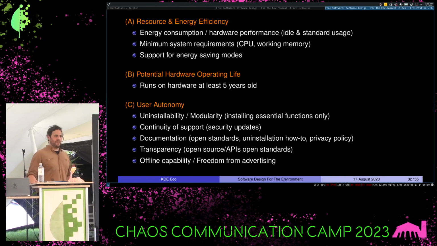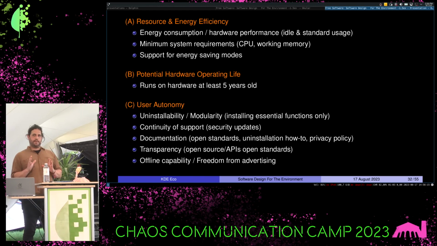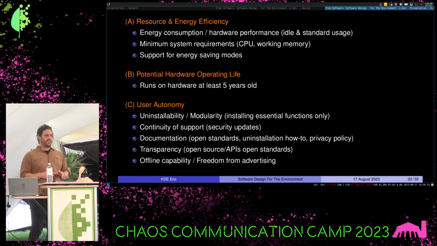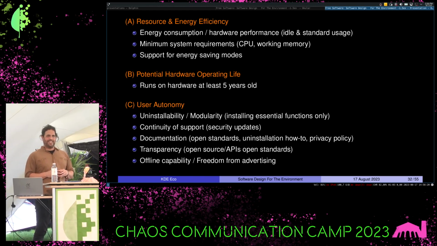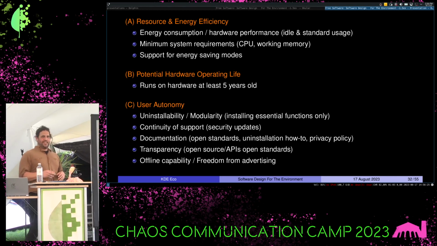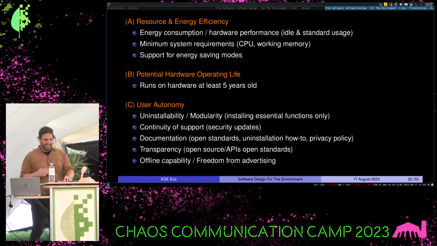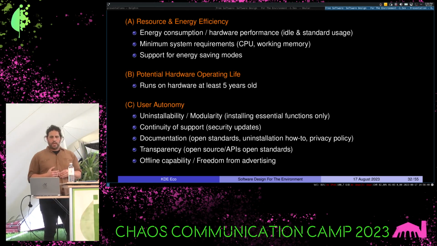In fact, I find one of the biggest problems when upcycling hardware is opening a browser the minute you try to do anything on the internet. Currently, website design is so energy consuming that it can break your system. That's related to Roberta's great talk yesterday. Yeah, so these things are of course interrelated. You know, offline capability and freedom from advertising will influence how long you can run hardware, etc.